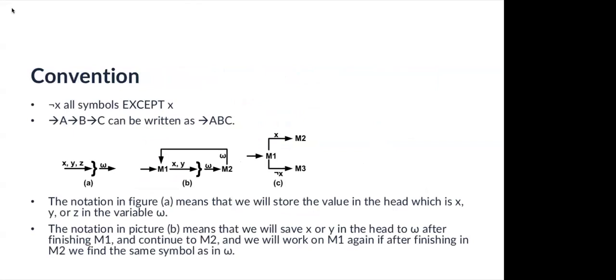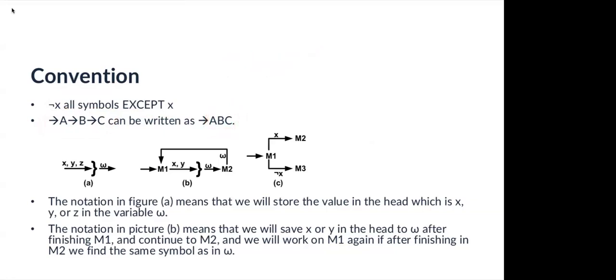For convention, this is a symbol for all symbols other than X. And if we have this, so we concatenate machine A to B and also to C, then we can just write it as ABC.